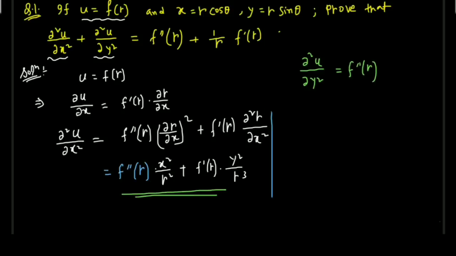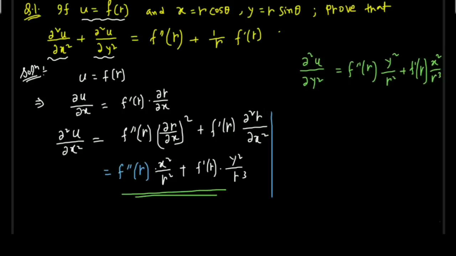Instead of x you will get y, so it will be y²/r², and plus, instead of y² you will get x², so it will be plus f prime r into obviously x²/r³. So you will get this kind of result.